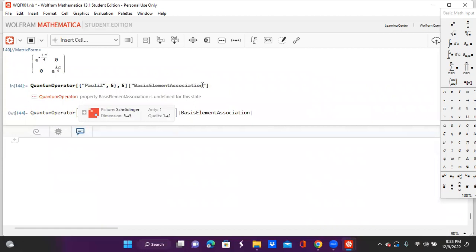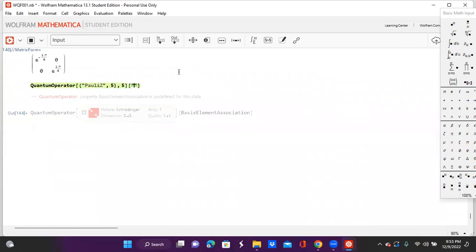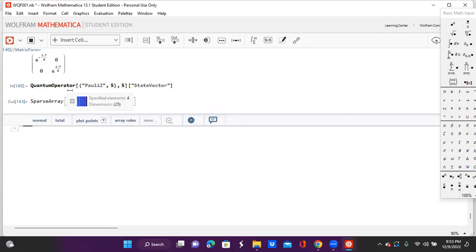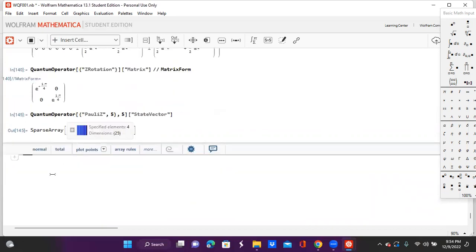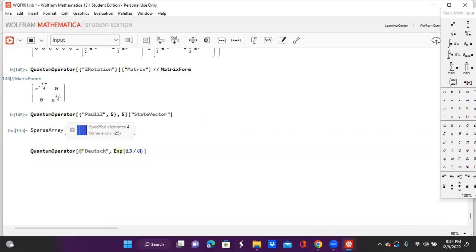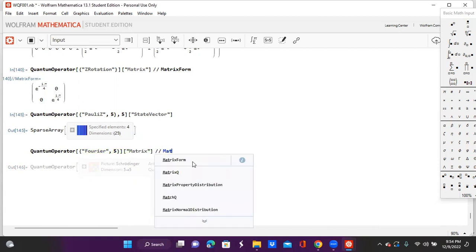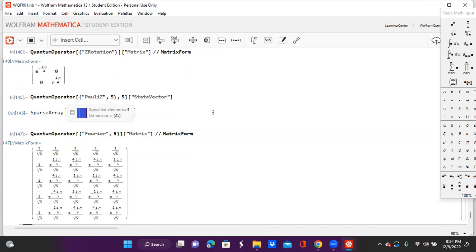I see. So here we go. There's the state vector for it. Matrix. All right. There we go.